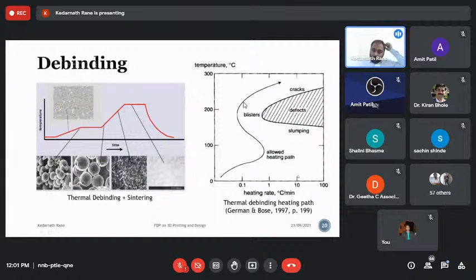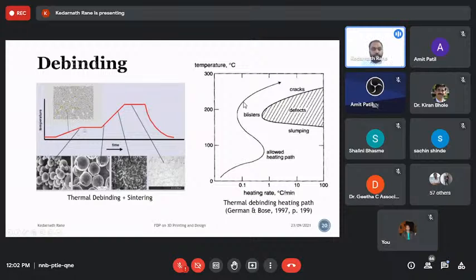When it comes to the thermal debinding process, we need to design a kind of stage-wise cycle to remove the binder constituents completely. You have different kinds of constituents here, either in the interstitial spaces or in between, there is a kind of agglomerate of this binder system.